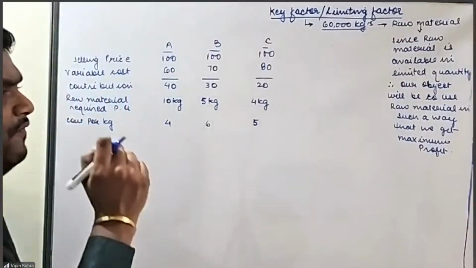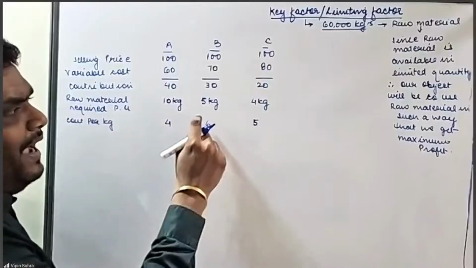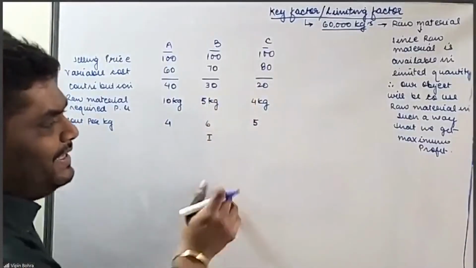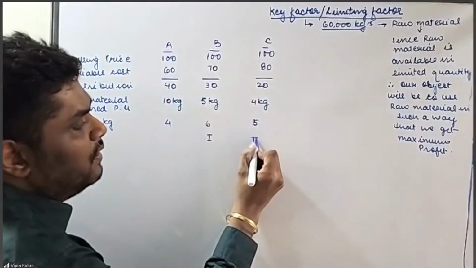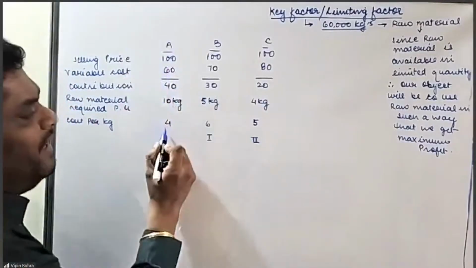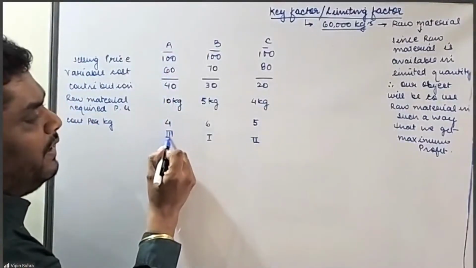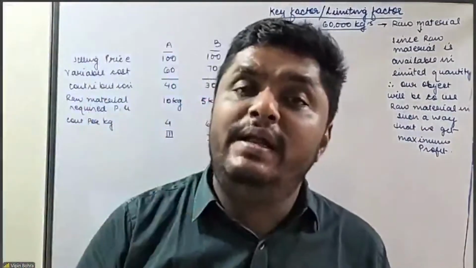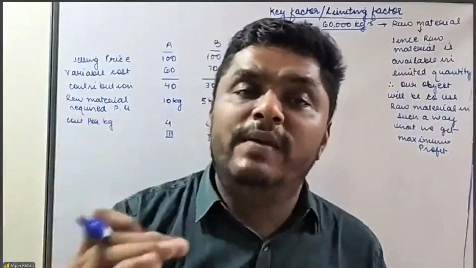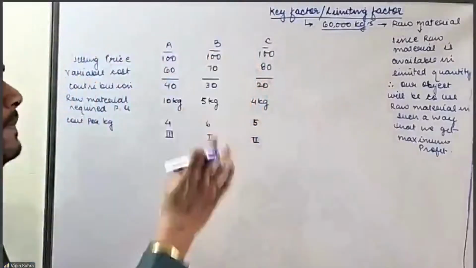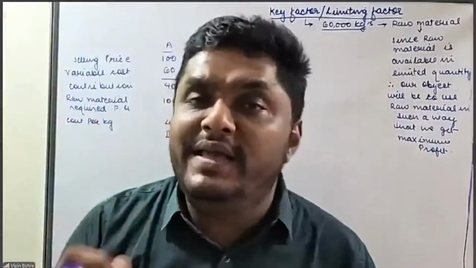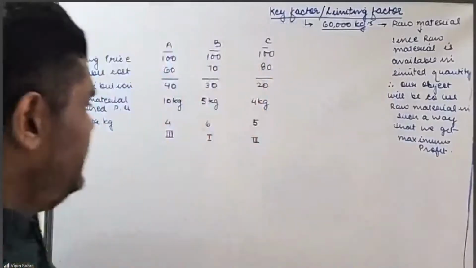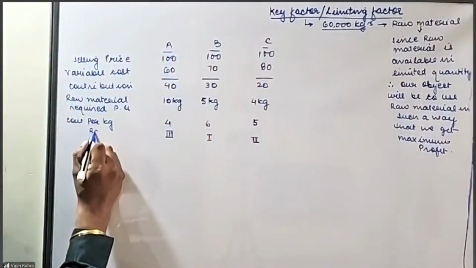So now, for every kg of raw material, the highest earning is in case of B, the second highest is C, and the third highest is A. So our first priority will be, if there is unlimited demand of every product, we will manufacture product B only, because contribution per kg of raw material is highest in case of B. So herein we can say rank.